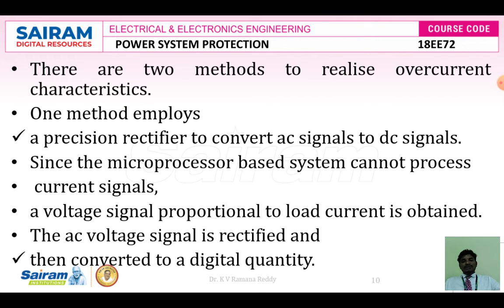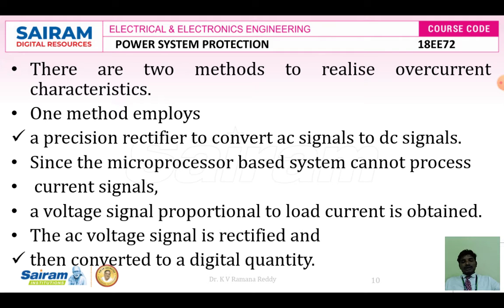There are two methods to realize overcurrent characteristics. One method implies a precision rectifier, which is used to convert the alternating current signals into direct current signals, and the direct current signals are again converted into ones and zeros through the data acquisition system. The signal is then given to the microprocessor based system, which is an intelligent program based system that compares the actuating quantities of current and voltage signals, which are proportional to the load current.